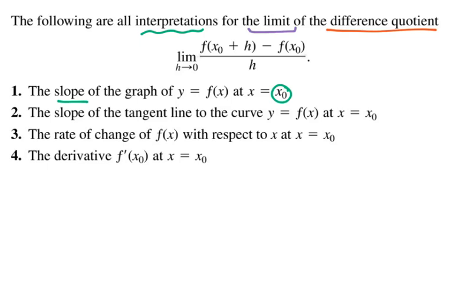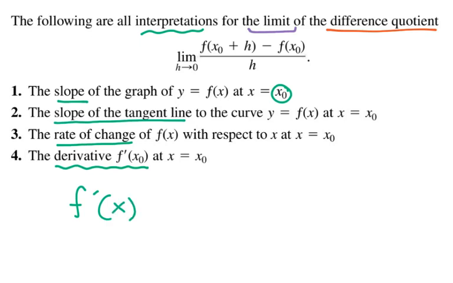It represents the slope of the tangent line. It represents a rate of change. Remember, rate of change is slope. And all of those terms together, that's what we call our derivative, f prime of x. So they all mean the same thing, slope, rate of change, derivative.